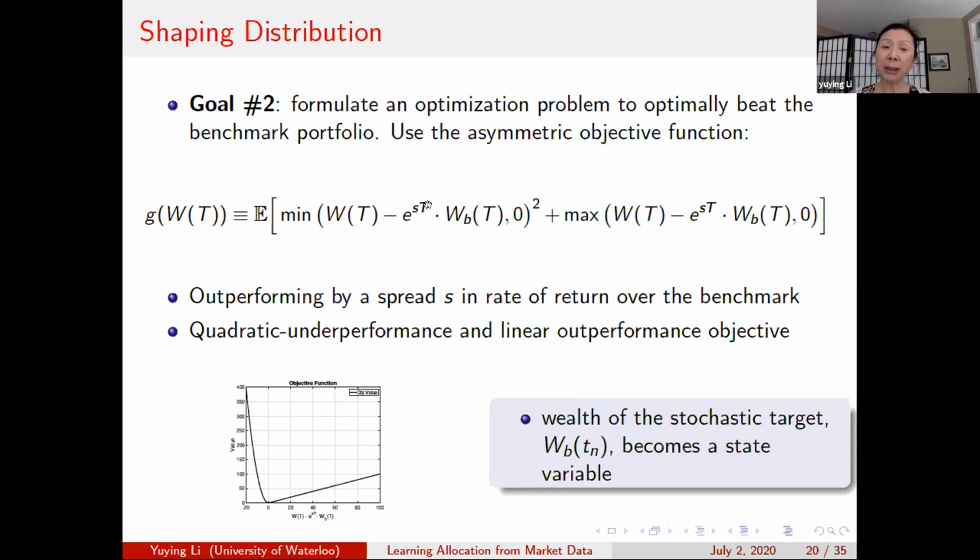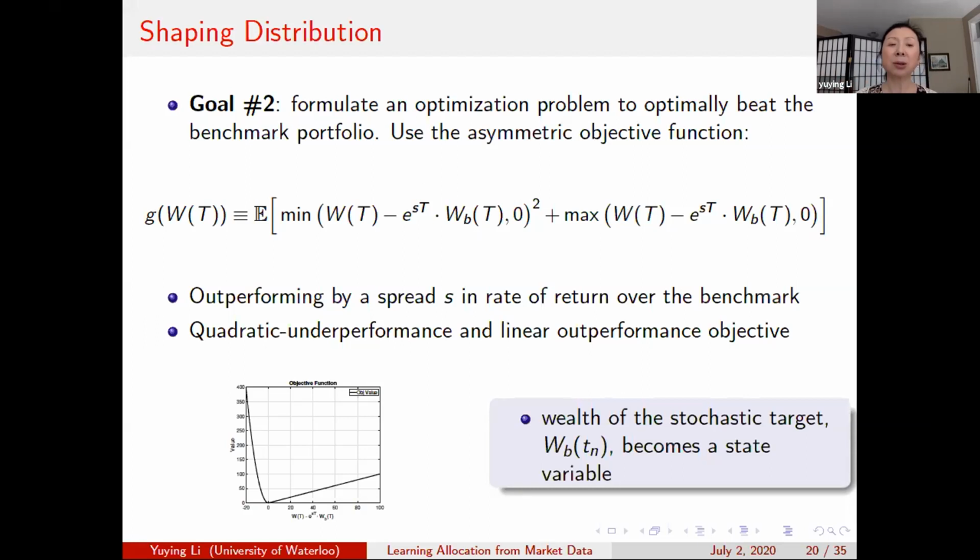And then I minimize my quadratic shortfall of the benchmark, but I'm also going to maximize my outperformance of the benchmark. But I don't do it symmetrically. I'm going to have a quadratic shortfall and a linear outperformance.